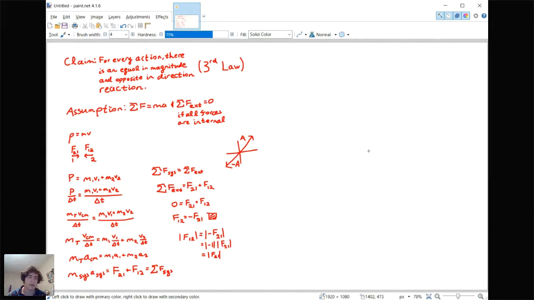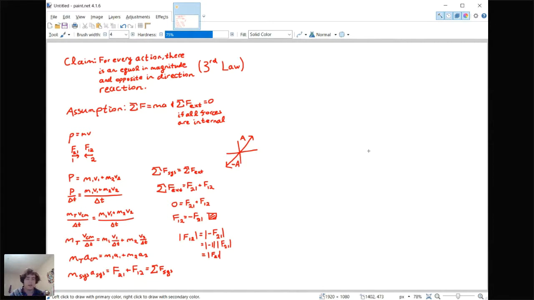So it's proven that for every action, under these assumptions, the net force is equal to mass times acceleration. The sum of the external forces is 0 if all forces are internal to the system. The sum of forces on a system is equal to the sum of the external forces on the system. And momentum is mass times velocity. Under all those assumptions, which is everything that you can see with your eyes, the law holds. For every action, there's an equal in magnitude and opposite in direction reaction.